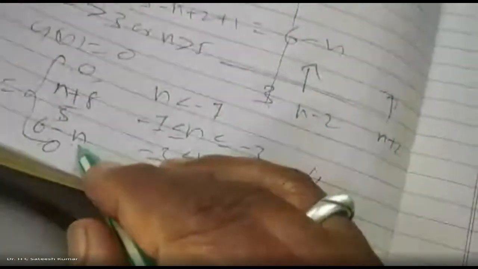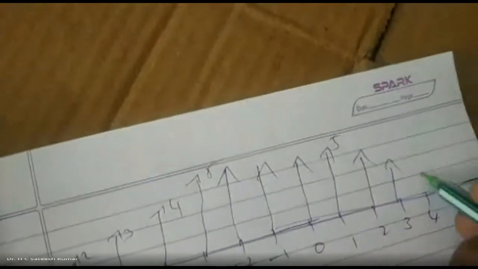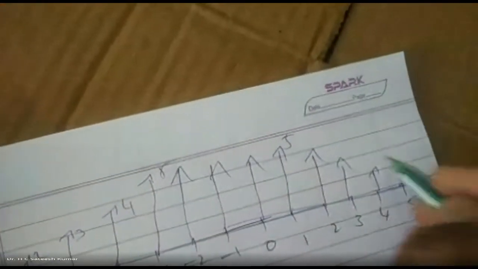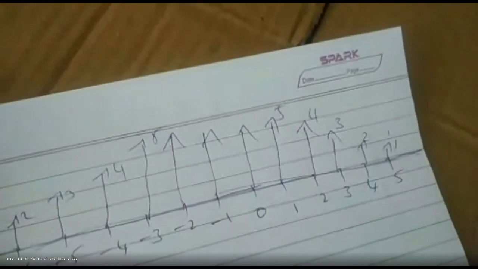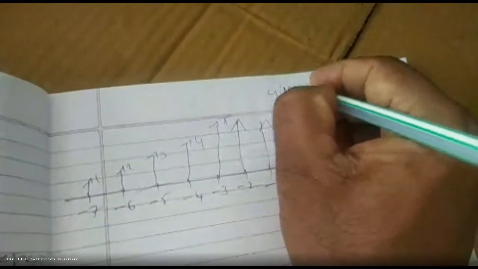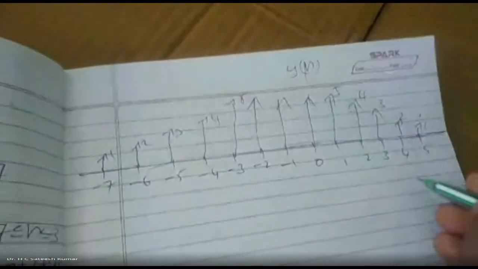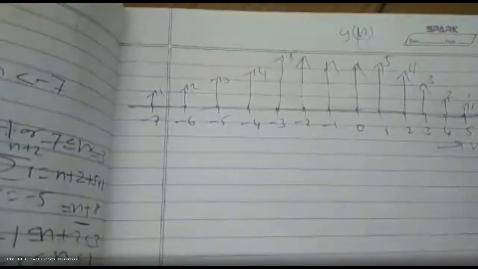Beyond 1 means what? 6 minus 1, 5. At 2, 6 minus 2, 4. So at 2, it is 4, 3, 2, 1. Y of n. Right?